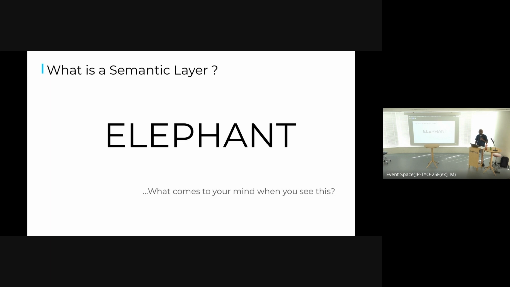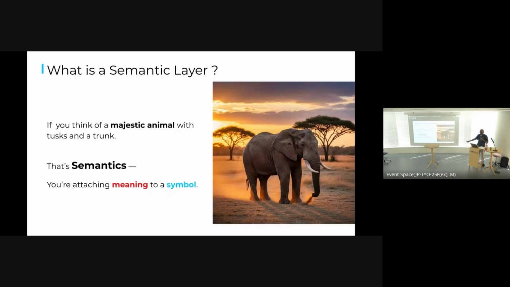You're deriving a context out of the words that I say. That's exactly what a semantic layer is. You picture an elephant in your mind, with a tail, trunk, huge in size, majestic, and so on. That's semantics. You're attaching a meaning to the symbol, right? So you know what an elephant is.